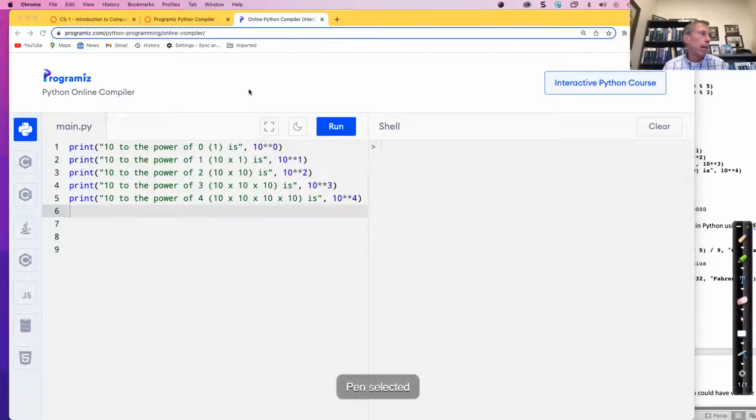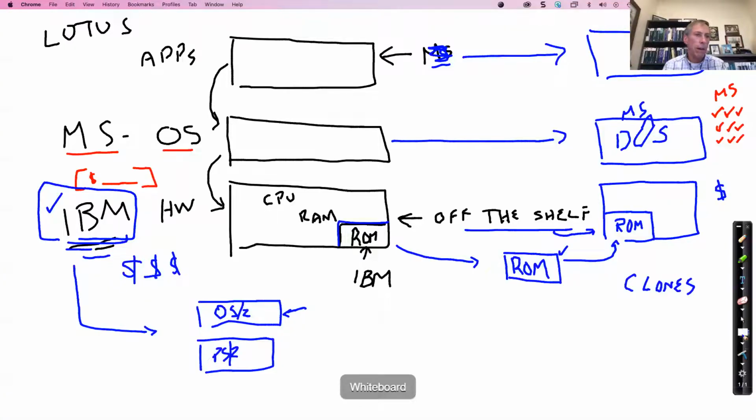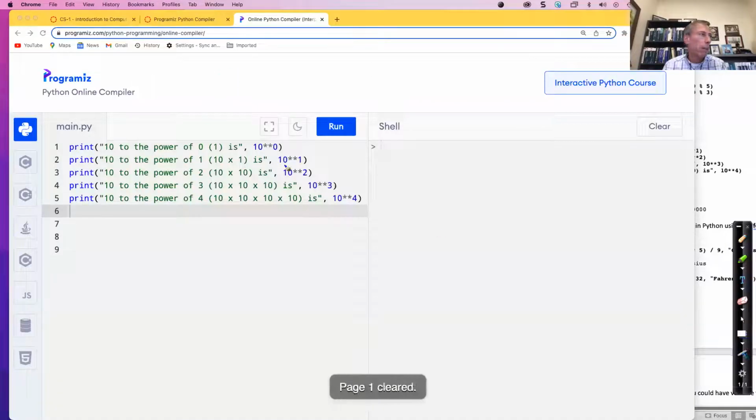Remember exponents? 10 to the power of 0, 10 to the power of 1, 10 to the power of 2, or 10 squared. So 10 to the power of 0, anything to the power of 0, as we'll see, is 1.